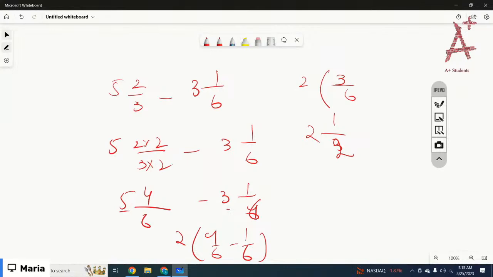What you have to do, first you have to make their denominators the same, right? So when you are making the denominators the same, you have to multiply the smaller fraction with some number. When you multiply with some number, just multiply the fractional part, right? You can simply subtract their whole numbers and fractions.